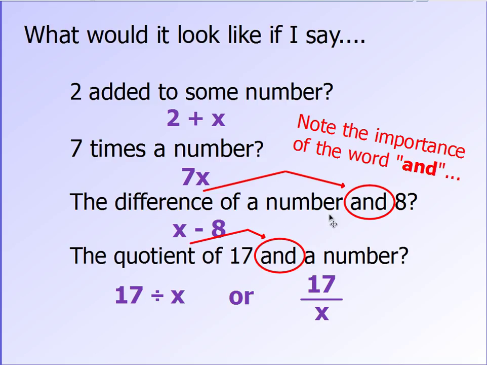So I had a number minus 8. I did the same thing when the mathematical operation, the quotient, was listed first. 17 and our variable got written in order, but the actual division replaced the word and. And is a very important word in these phrases. When the operation is listed first, remember the actual symbol replaces the word and.